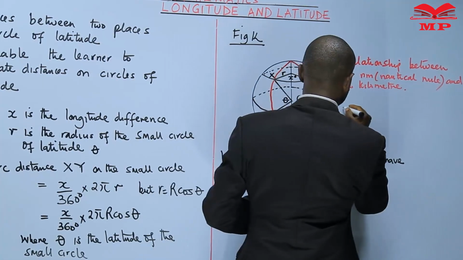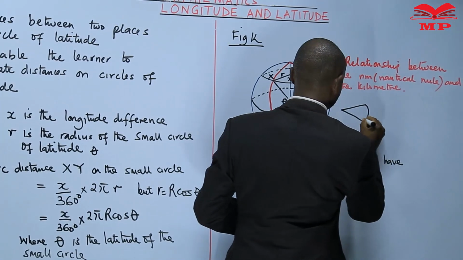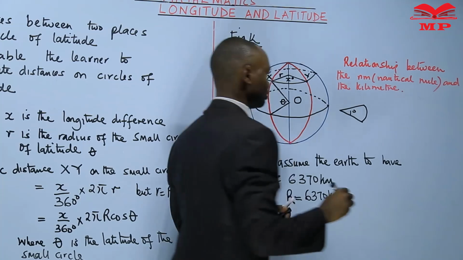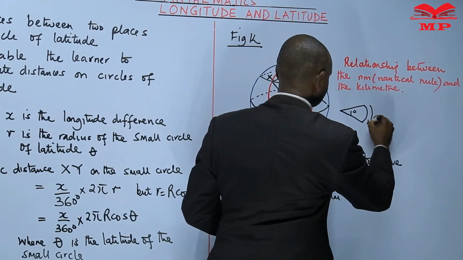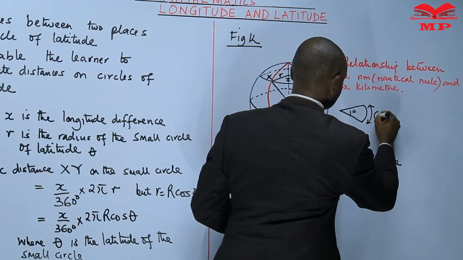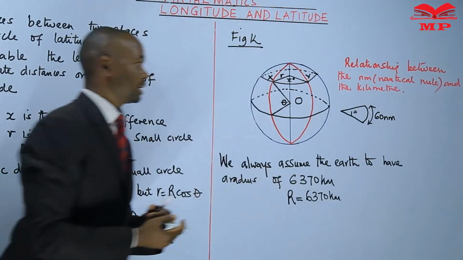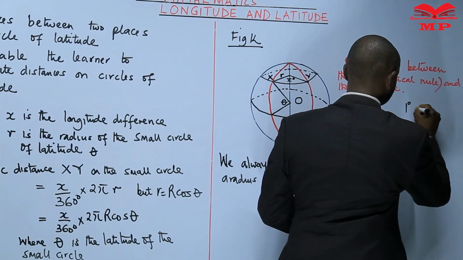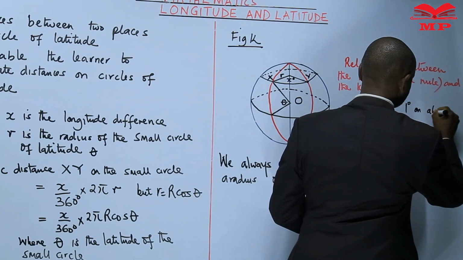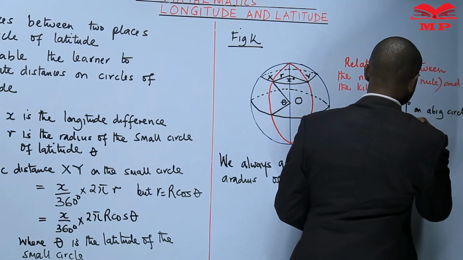It all starts here. 1 degree on a big circle is believed to subtend 60 nautical miles.